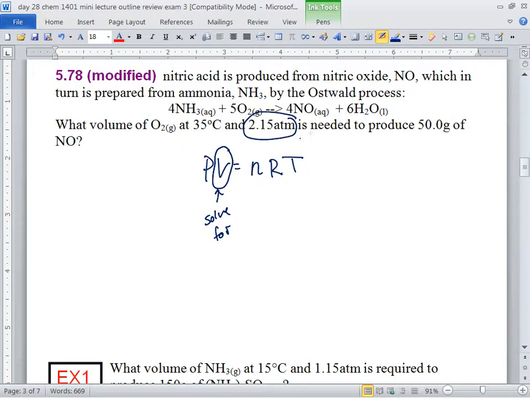There's our P. I know what P is. So the question is, how do you get n? n has to be what? Moles of what, though? Moles of O2. Yeah, so they only gave you NO. So you have to use mole bridge to get there. Exactly.